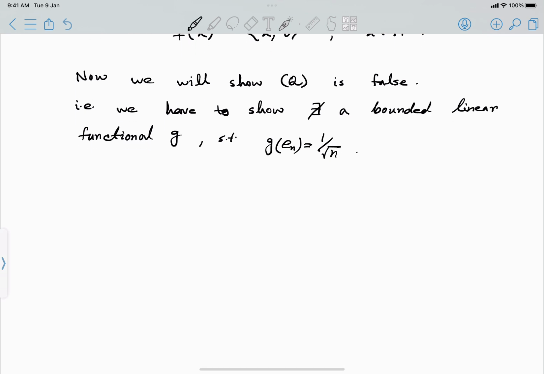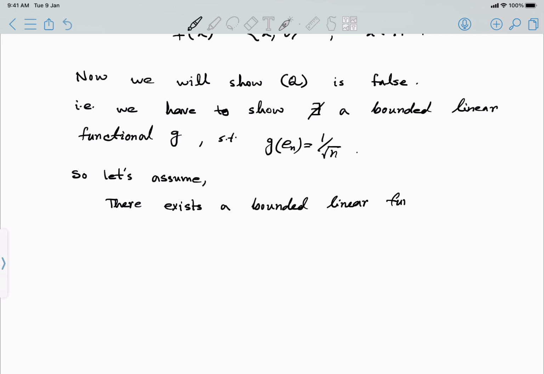So we'll prove this by contradiction. Let's assume there exists a bounded linear functional G such that G of En is 1 by square root n.